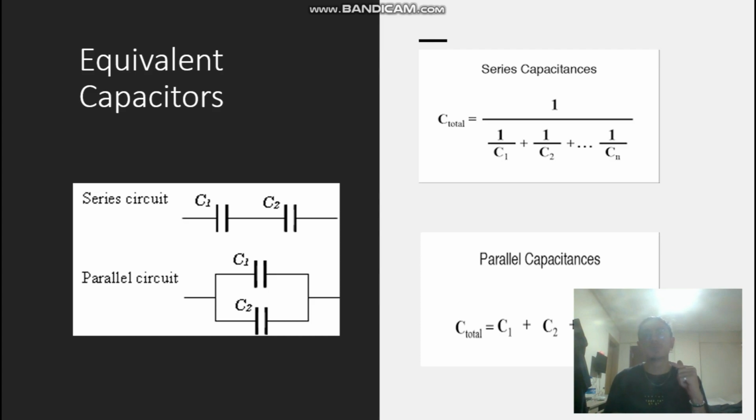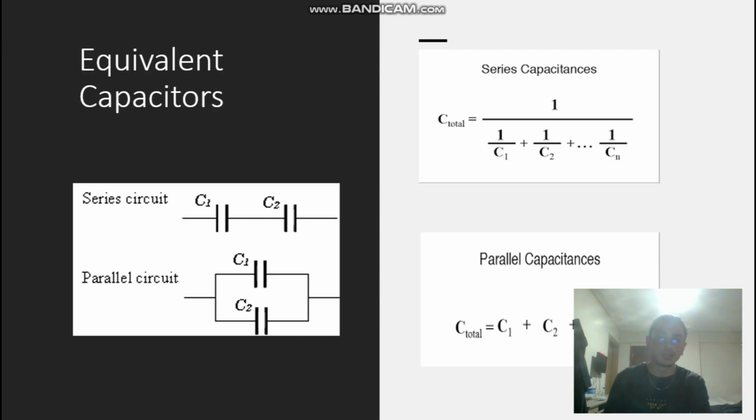But if the circuit separates into two different lines, you can understand they are parallel. And for their equivalent capacitance, they have different formulas for series and parallel.